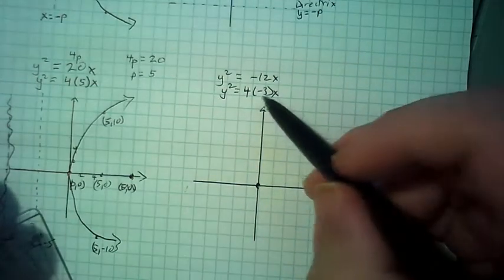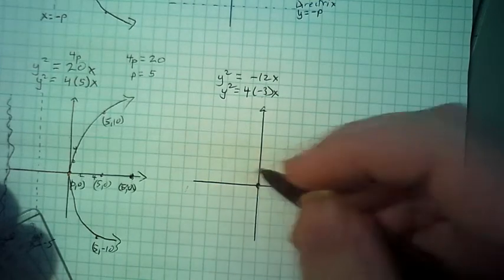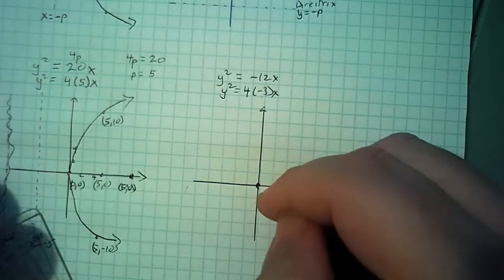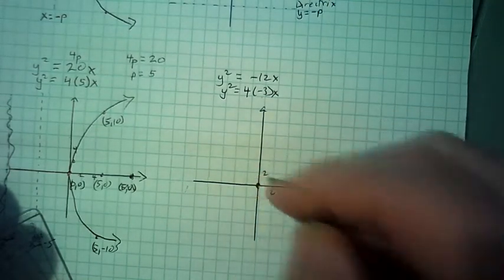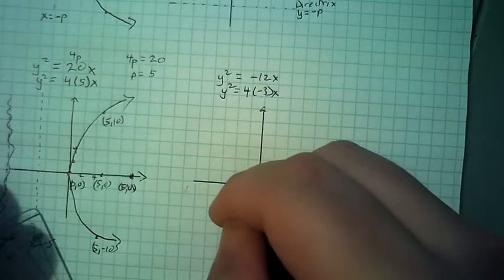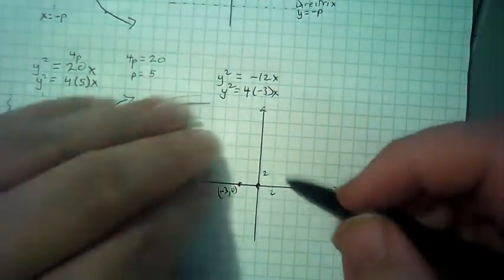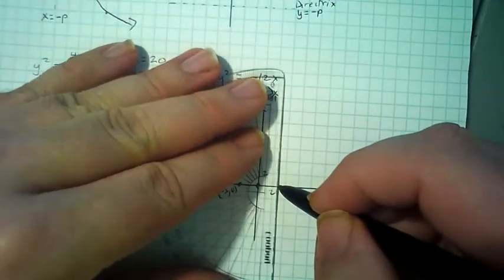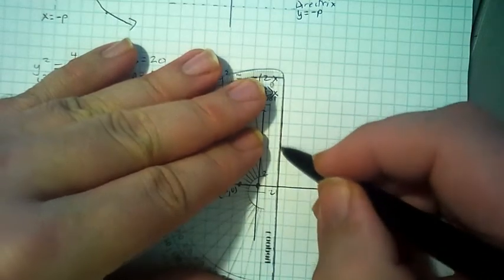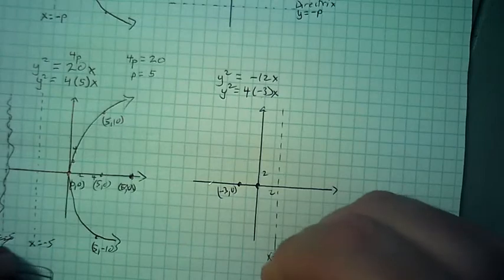In this case, the focus is going to be to the left because P is negative. I'm going to go by 2s again to save space. So 3 is right here, negative 3, 0. The directrix will be over here at negative 3. X equals negative 3.